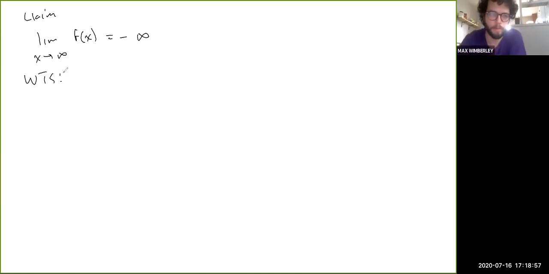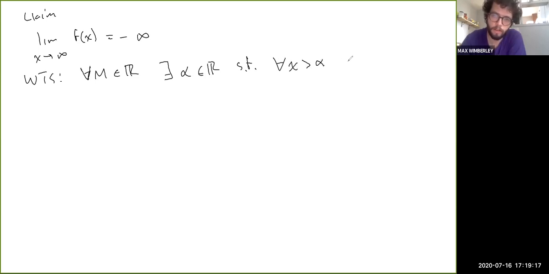Let's come up with that property. In this case it would be: for all M there exists an alpha such that for all x greater than alpha, we have f of x is less than M. This is the property that we would want to prove for this. Does that make sense?